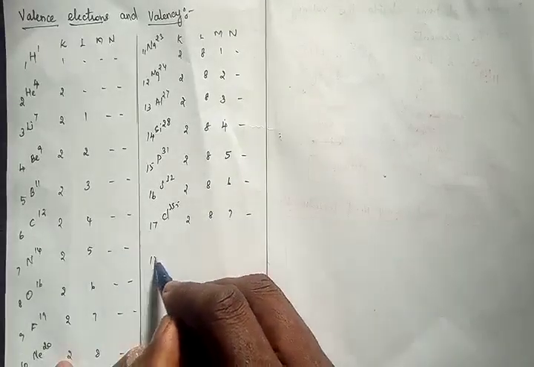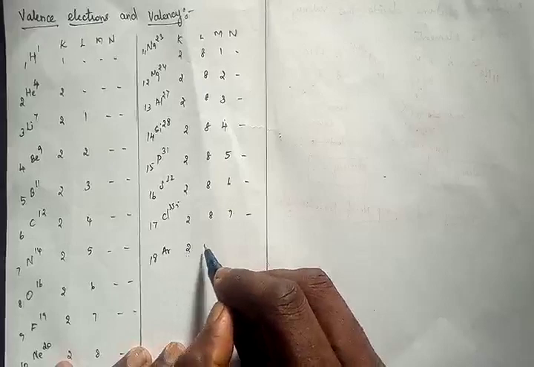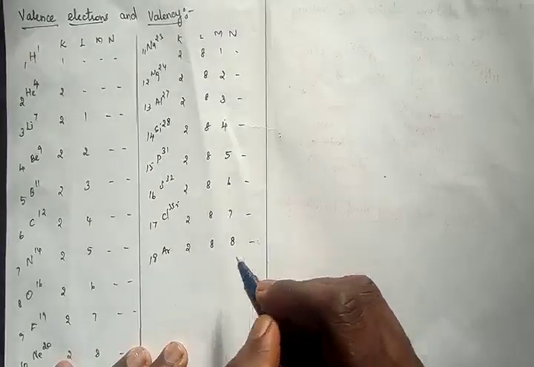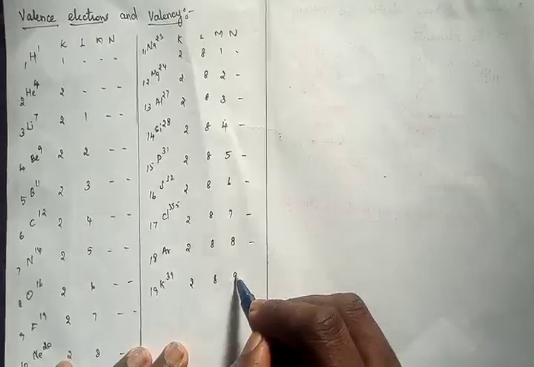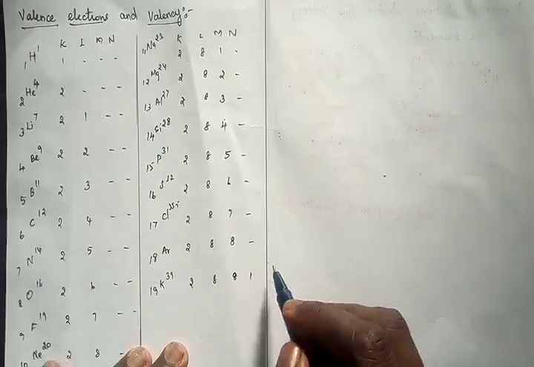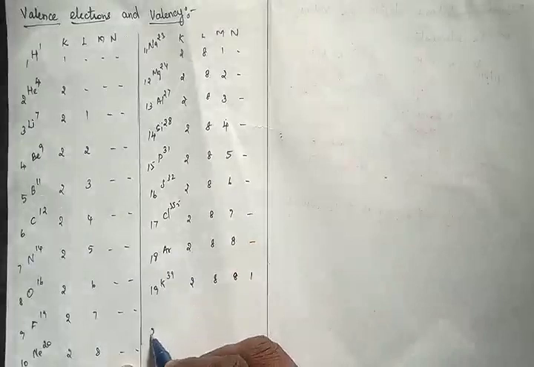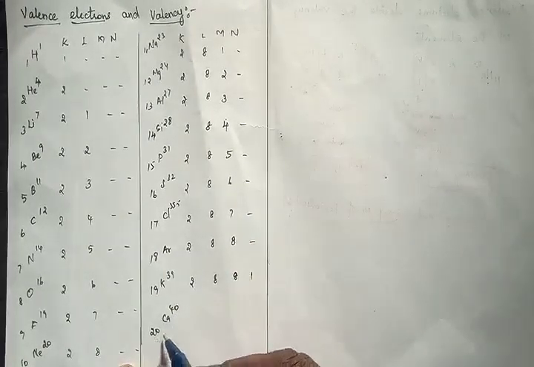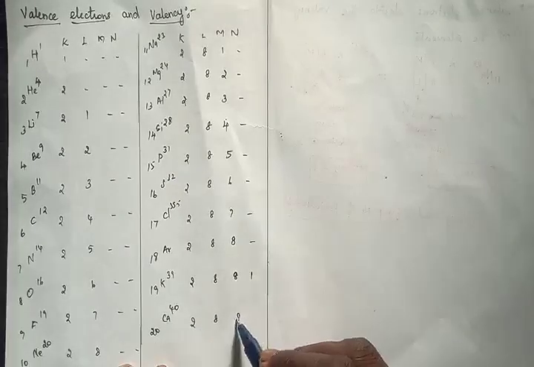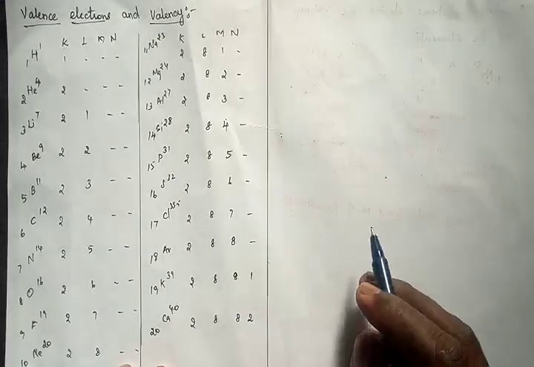The next one, 18, argon, 2, 8, 8. The 19th one is potassium, 2, 8, 8, 1. Next one is calcium, mass number is 40. There are 20 electrons, 2, 8, 8, 2. So this is what we have learned so far.